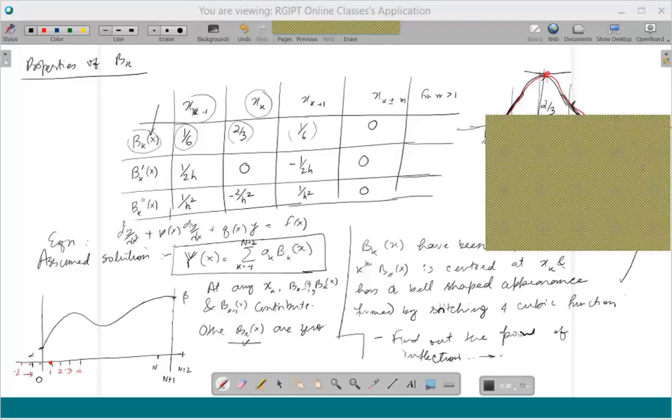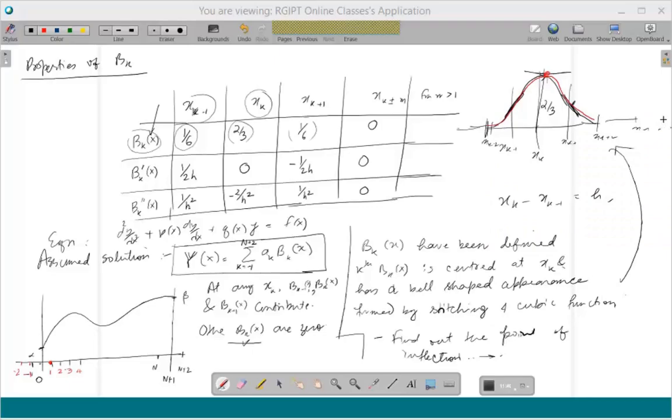Amit, it should be x_{k+1} and x_{k-1} rather than x_{k+2}. I think what you wrote was probably the answer to the question that I asked, which B_K's will contribute. If that is the answer you have written, then you should have B_K at x_k, and B_{k+1} and B_{k-1}, which are centered at x_{k+1} and x_{k-1}.